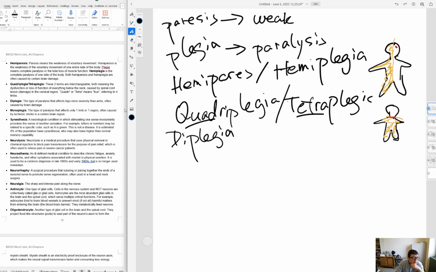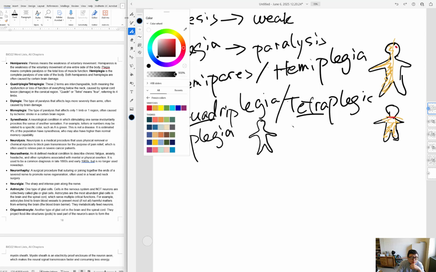Diplegia. Diplegia is the legs. In most cases, the legs cannot move. I don't have to draw every time. Now here, the leg.